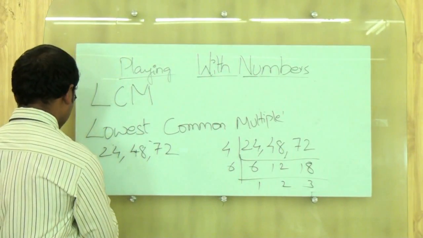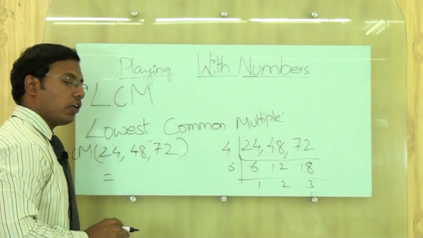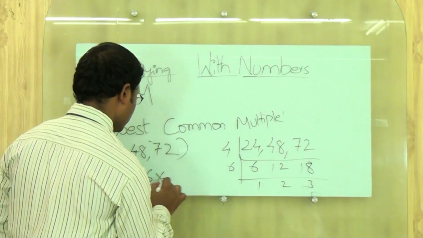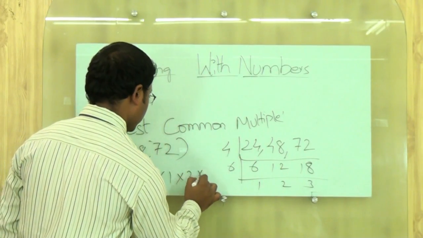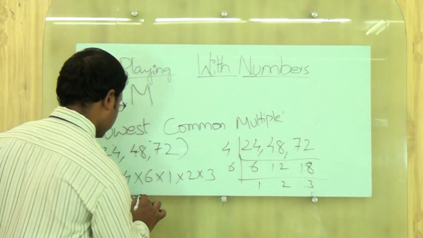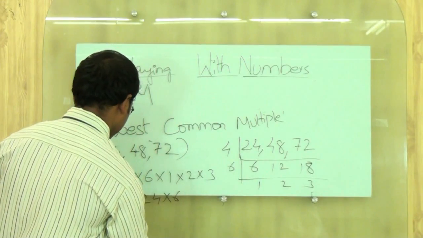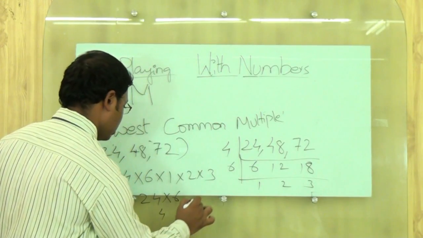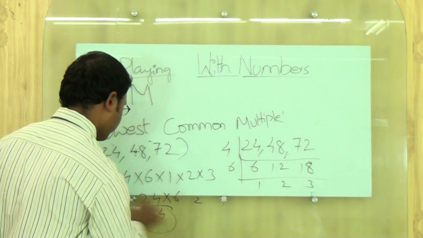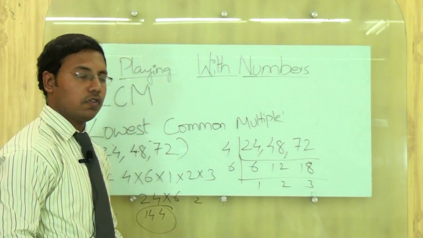LCM of 24, 48 and 72 is 4 into 6 into 1 into 2 into 3. 24 into 6 is 144. LCM of 24, 48 and 72 is 144.